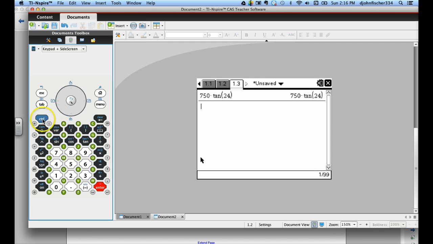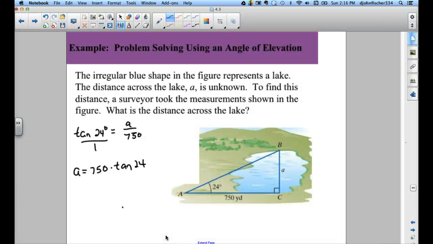Enter. Oh, didn't get the right answer. Control Enter. So it was 333.92. So A is 333.92. And I don't know if it was feet or yards across the lake. So make sure you get the calculator in the right mode when you're doing these problems, as you solve them down.